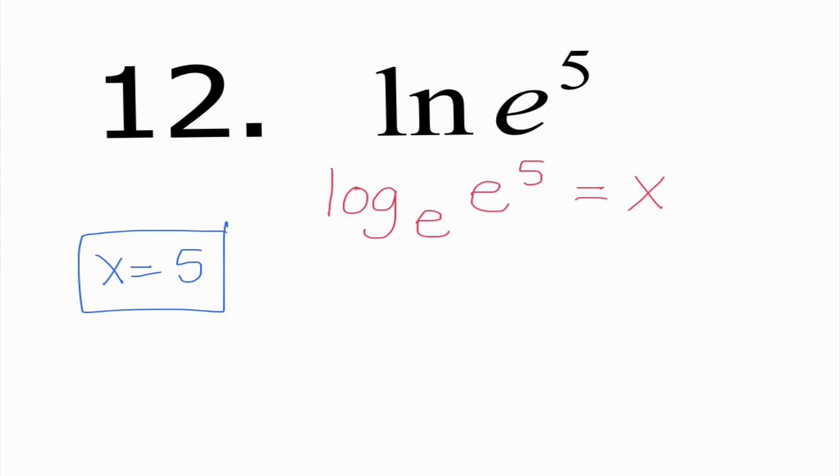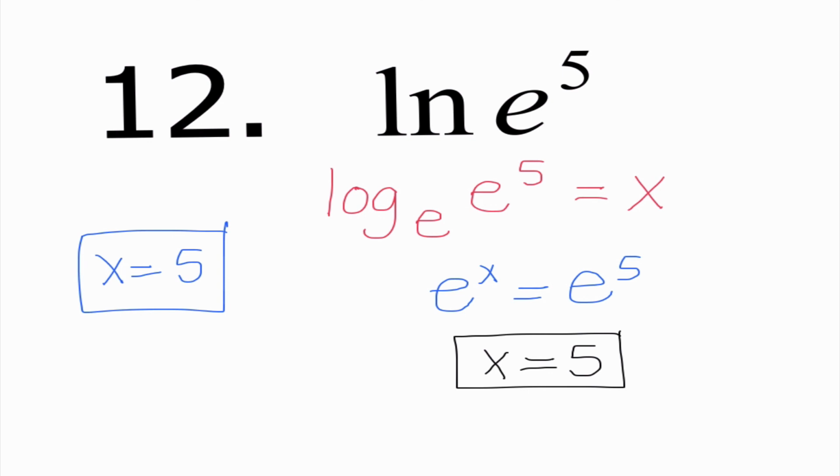Now let's say I completely forgot that if I'm changing this into exponential form, it would become e to the x equals e to the 5th power. And this is actually the easiest one we've had to deal with because my bases are already the same. So I could just say, okay, well then x is equal to 5 and we are done.